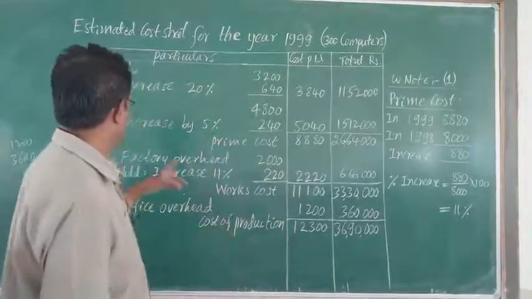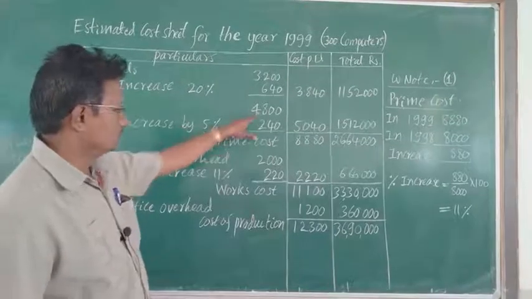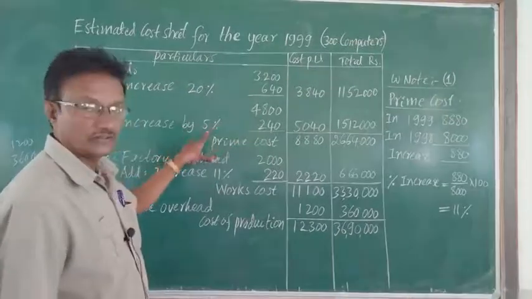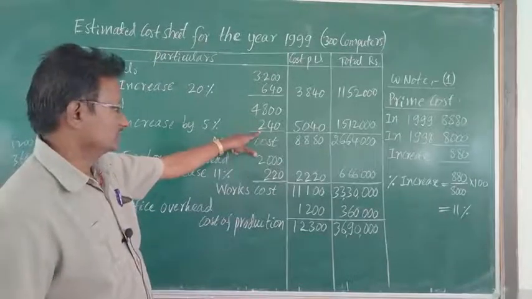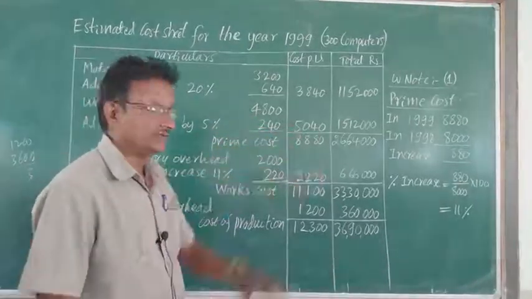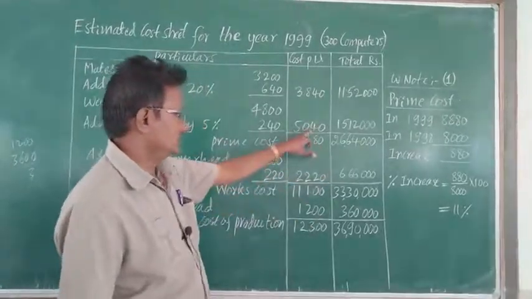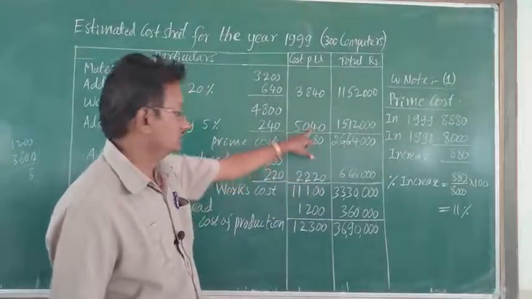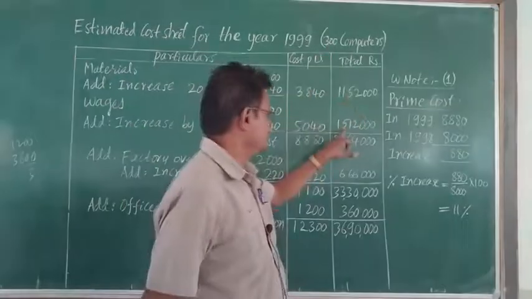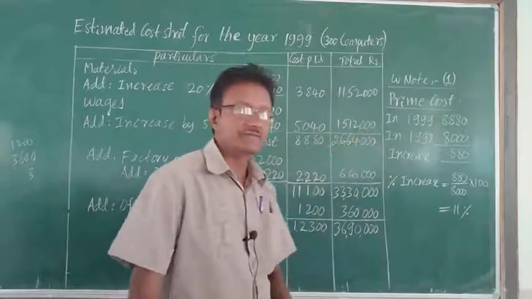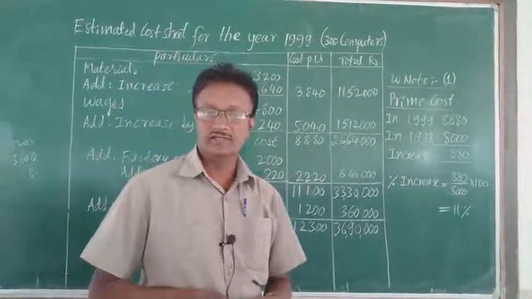So we have to add an increase of 5%. 4,800 into 5% is equal to 240, and the total is 5,040. 5,040 is the wages or labor cost for one computer, and into 300 computers it becomes 15,12,000. And here there are no direct expenses.